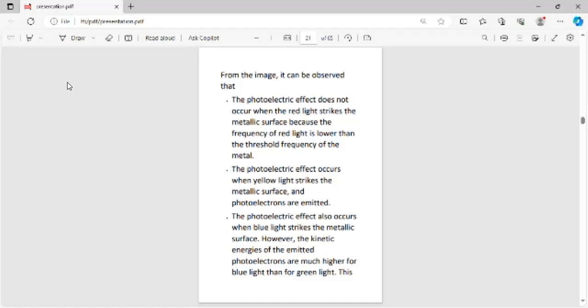However, the photoelectric effect would occur when yellow light strikes the metal and photoelectrons are emitted. Photoelectrons also occur when blue light strikes the metal. However, the kinetic energy of the electrons emitted by blue light would be greater than those emitted by yellow light, because the energy of blue light is greater than that of yellow.